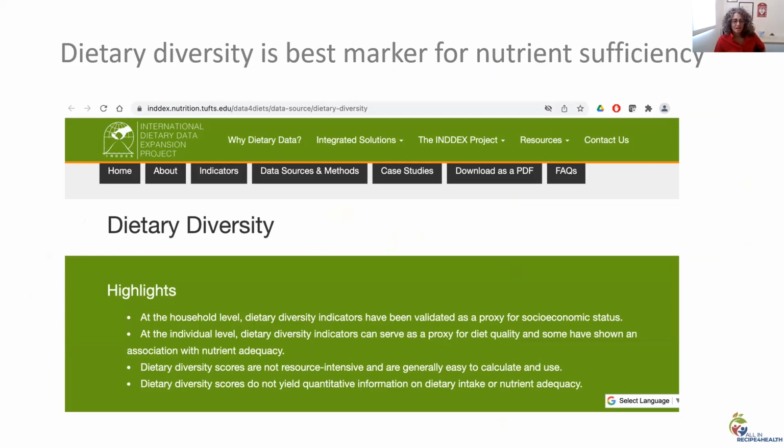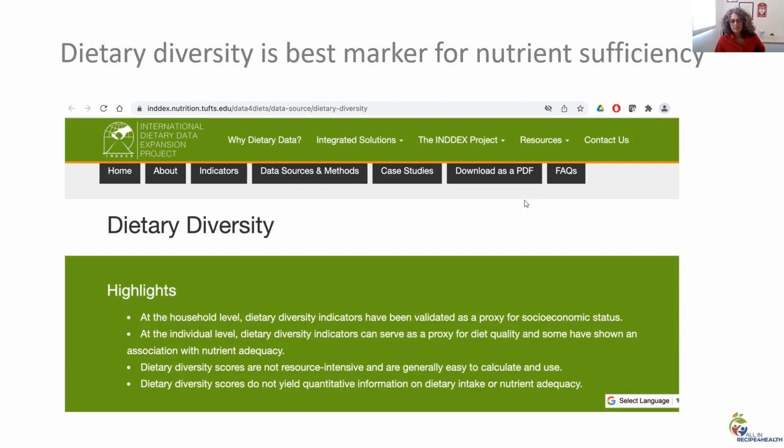Especially for those of you who are taking care of children, really wanting to figure out if they are getting a diet that has enough nutrition in it. So not just focusing on calories, but really nutrient density. And it turns out that the diversity of the diet is probably the best marker for whether you are getting those micronutrients, and even a good balance of macronutrients, so the proteins, fats, carbohydrates.